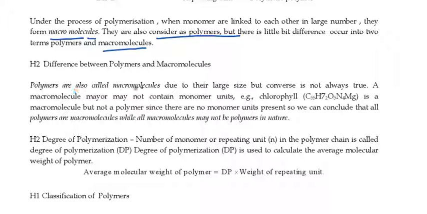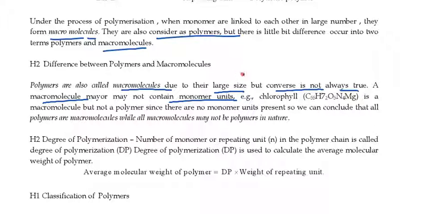For example, a polymer can also be called a macromolecule due to its large size, because it is bigger in structure. But always they are not the same. A macromolecule may or may not contain monomer units.